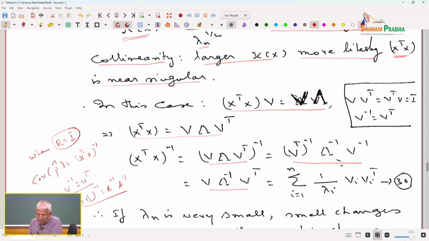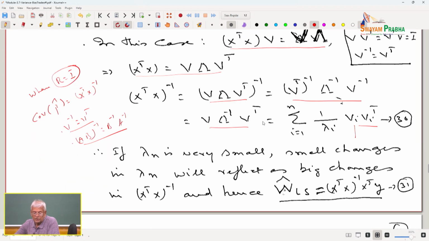Now, this can be written as Vi, the column, times Vi transpose, the row, the outer product matrix. Each of the outer product matrices is scaled by 1 over lambda i.